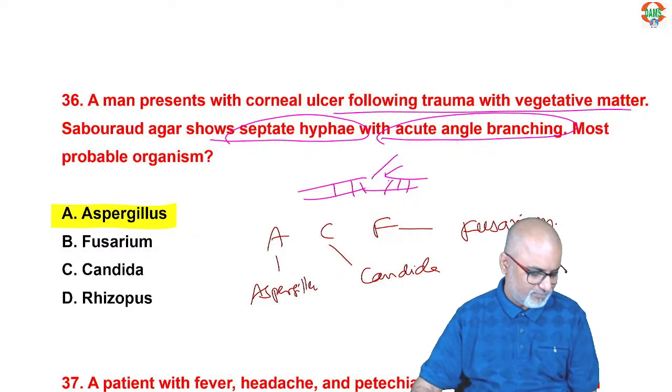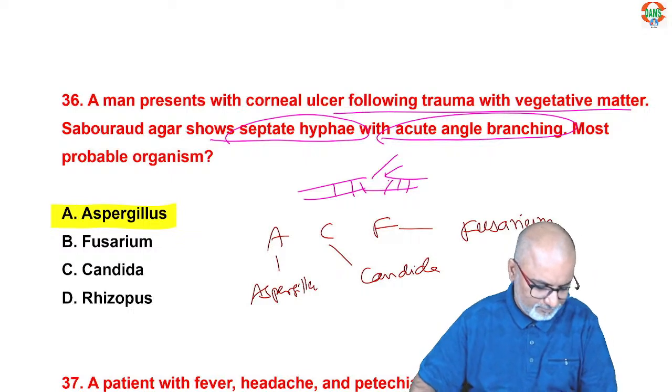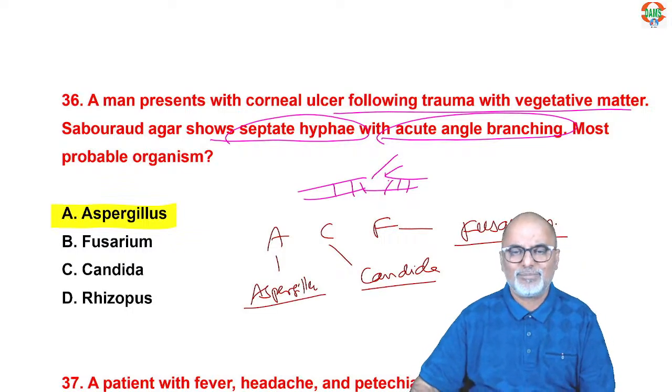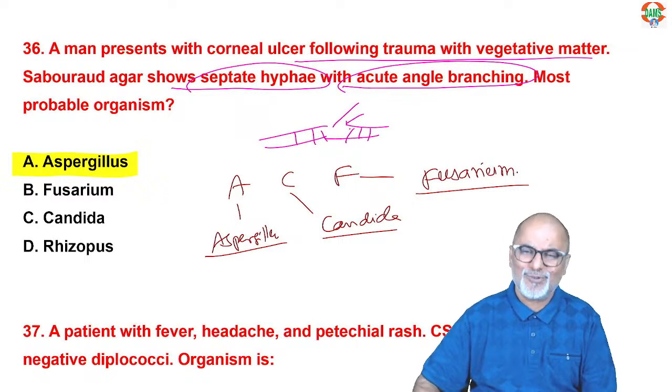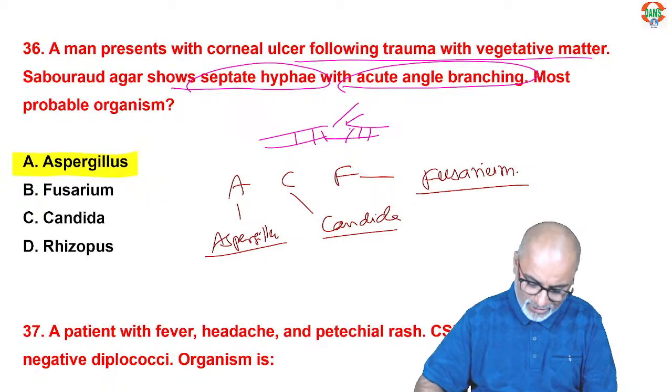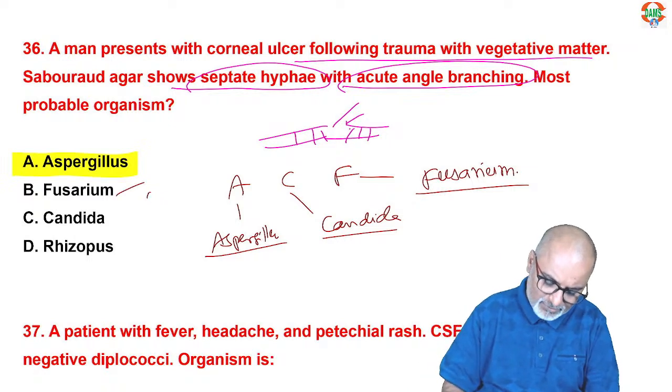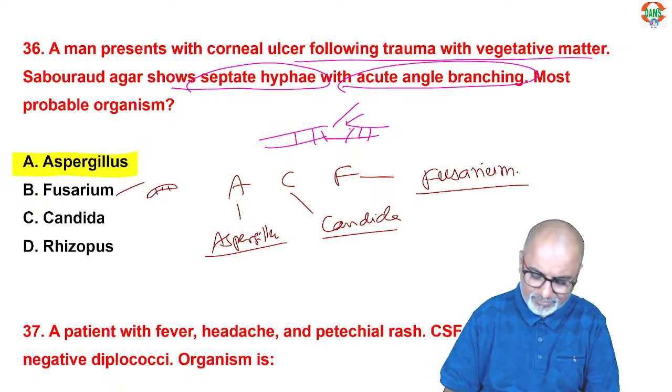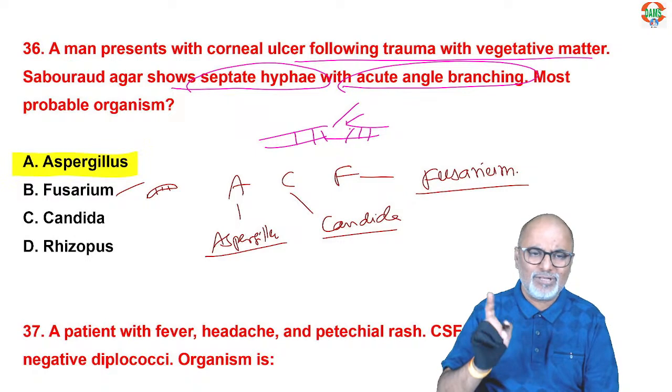ACF, anti-corruption force, is my mnemonic. Fusarium is sickle shaped. Septate hyphae, acute angle branching.